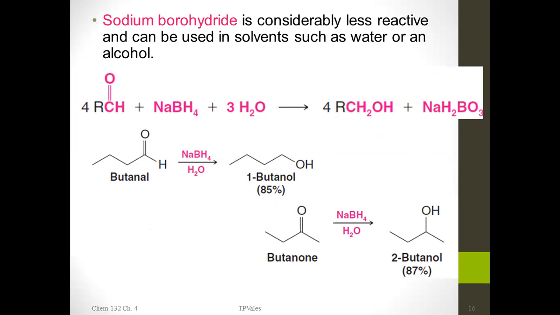The only one that's very active with water is lithium aluminum hydride. So again, the reaction is very easy to recognize. Whenever you have an aldehyde, like here you have butanal, 1, 2, 3, 4 carbons, you can reduce this one to butanol. Likewise, you have 2-butanone, you can reduce this one to 2-butanol.